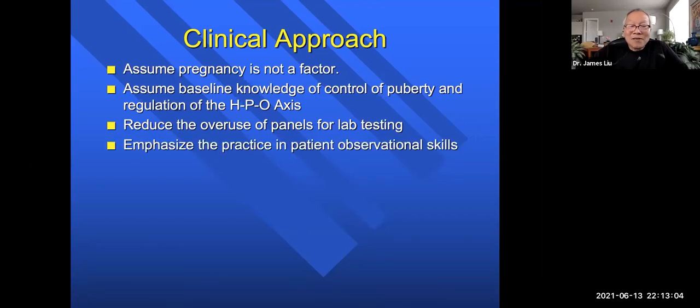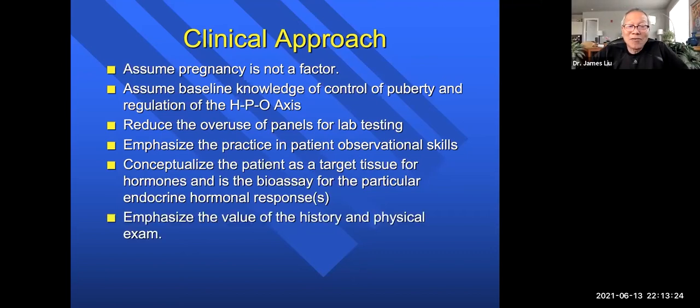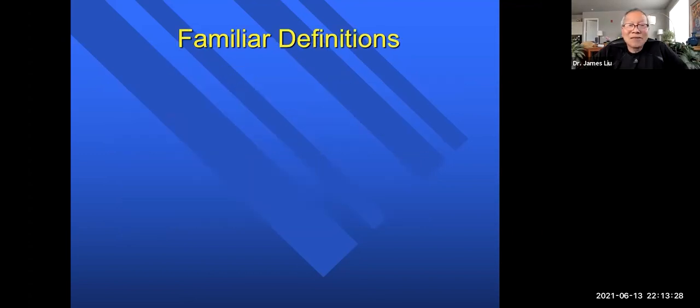And I'm going to emphasize going back to the old time practice of clinical observation with the understanding that the patient is a target tissue and a bioassay for hormones that are circulating in her system. And this affects your overall diagnosis of the underlying cause of amenorrhea.